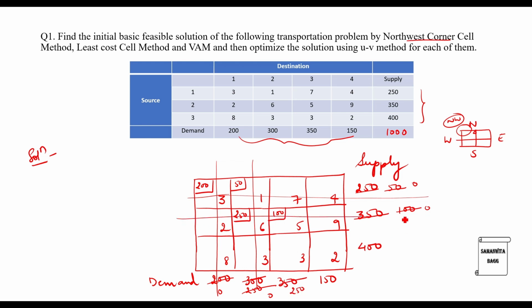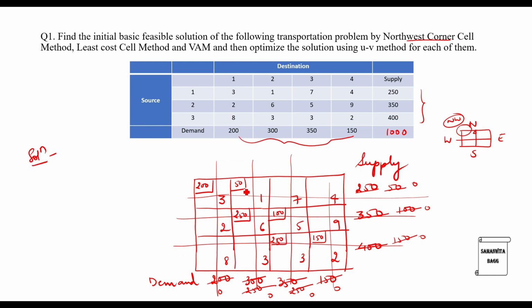Since this is 0, I'll cancel out the corresponding row. This is the most northwest cell. Here the supply is 400, demand is 250. So I will satisfy the demand. Since this is 0, this gets cancelled. Last cell is this one. Supply is 150, demand is 150. So I will satisfy the demand. Supply becomes 0. So now this is also gone.